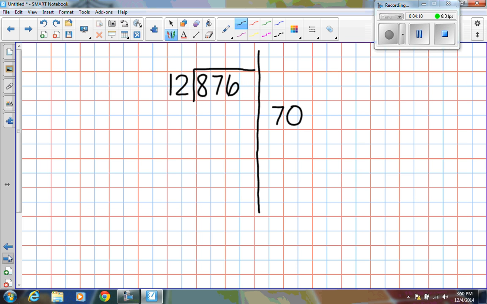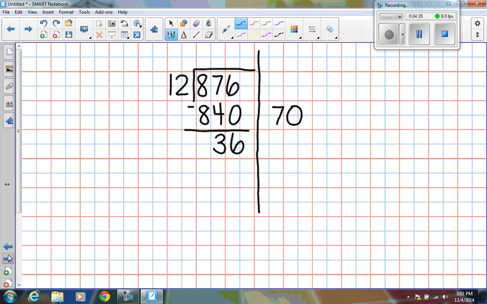Now I'm going to use my extended math facts, and I'm going to say 12 times 7 is 84, and then add my 0 from the 70 to subtract 840 from 876, which gives me a difference of 36. Now, I have to figure out how many 12s remain in 36.